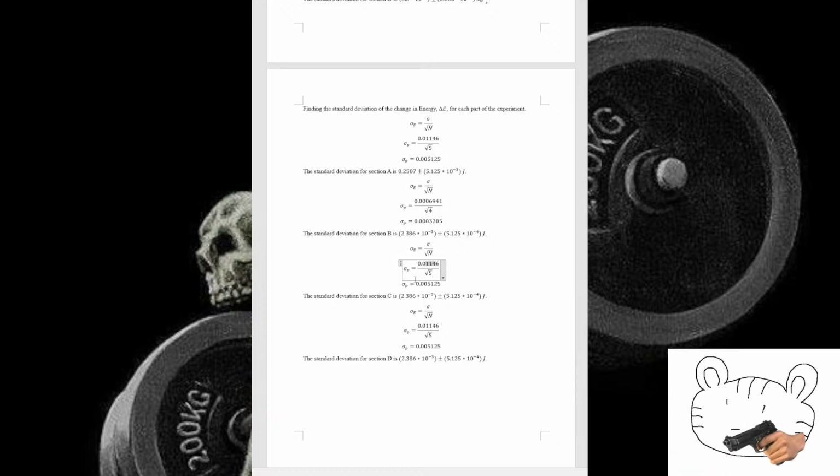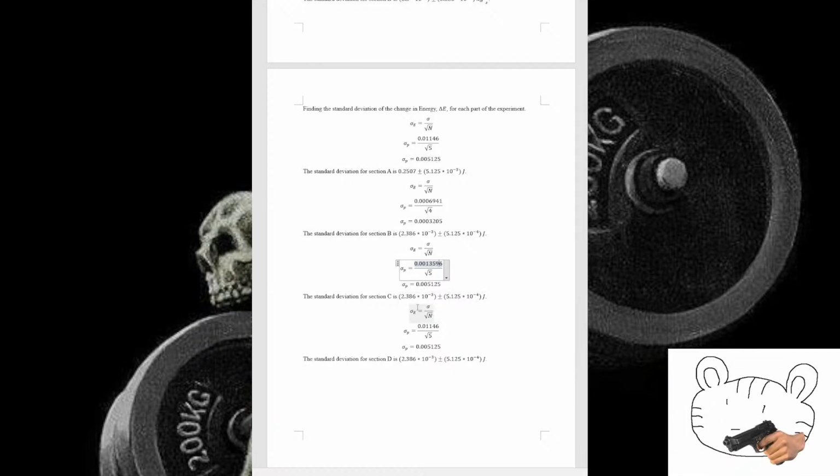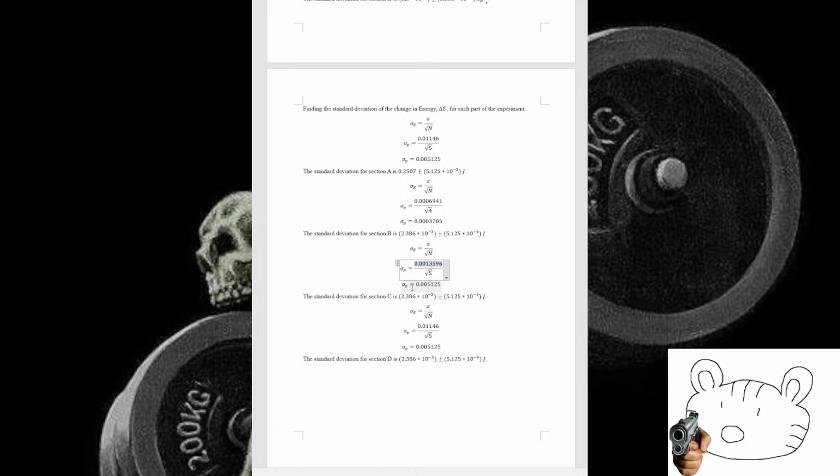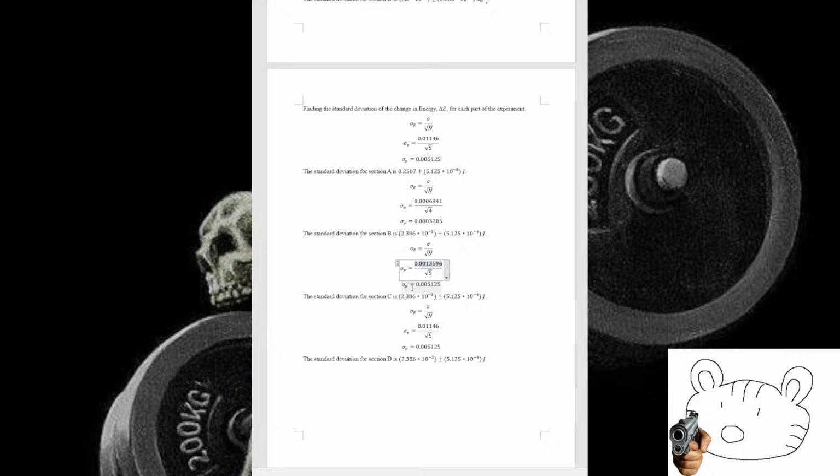Alright, standard deviation here is 0.01359. Okay, let's do the calculations. 0.00135 divided by the square root of 5.